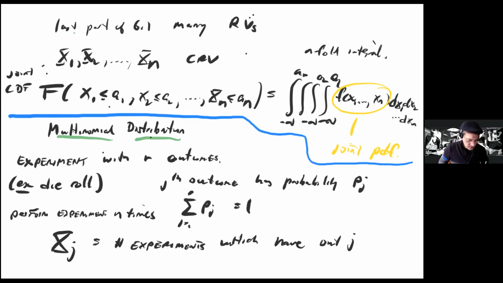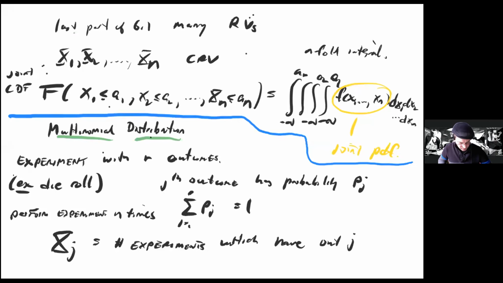Okay, so that's what I want to look at here. This is an example of, what do we have? We have a bunch of different random variables. We have x1, x2, all the way up to xr. We have r random variables. Okay.